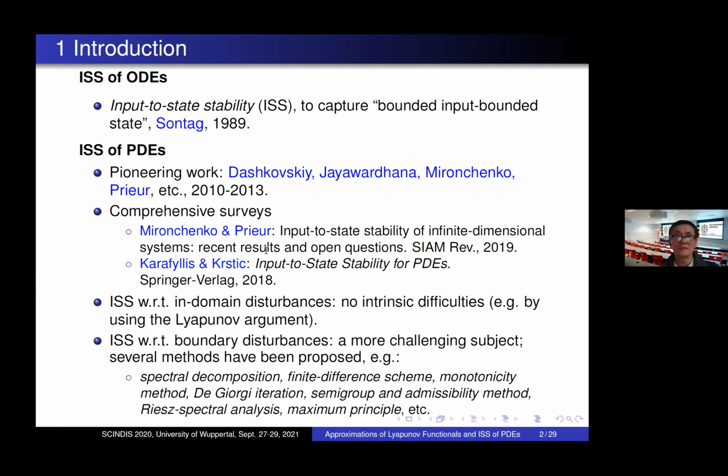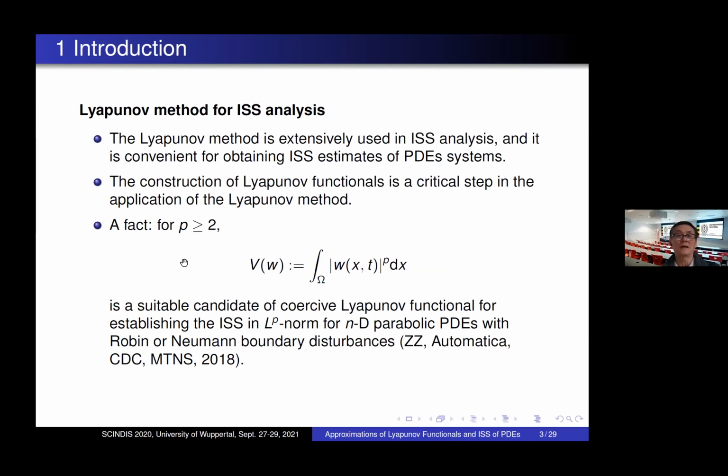So the results I will present today are based on the Lyapunov method. Obviously, the Lyapunov method is one of the main tools for stability analysis, and in particular, if we want to establish ISS estimates, the Lyapunov function appears to be a very convenient way.